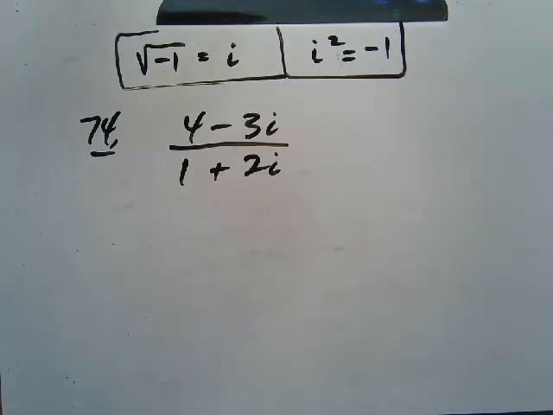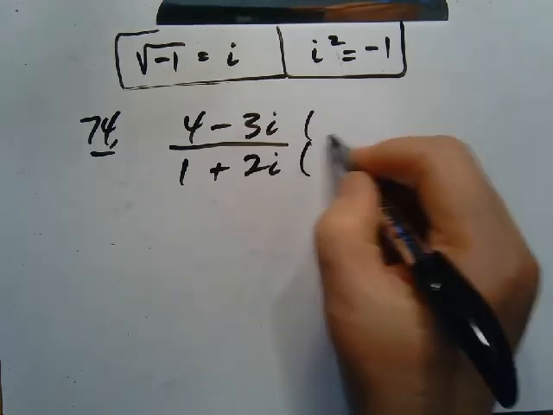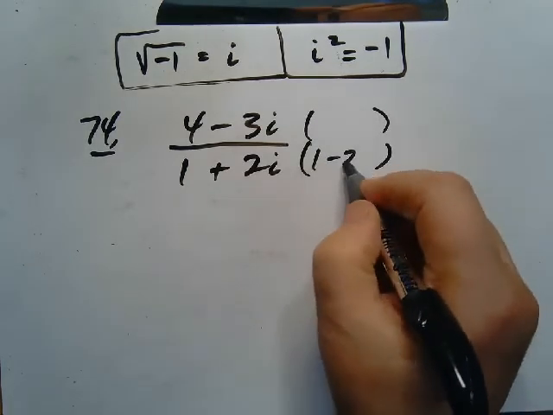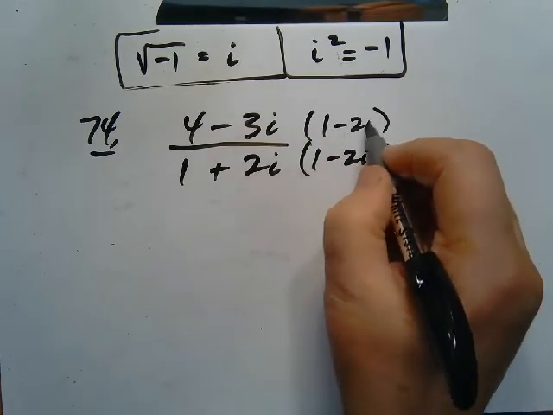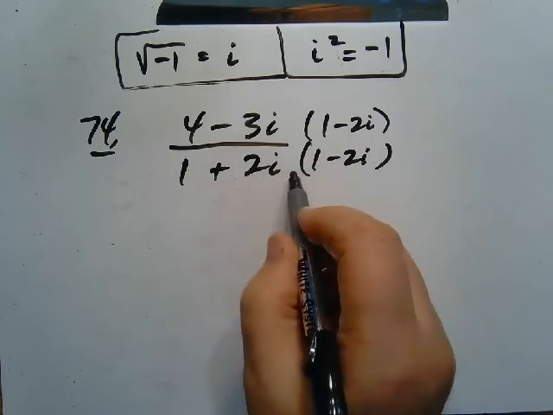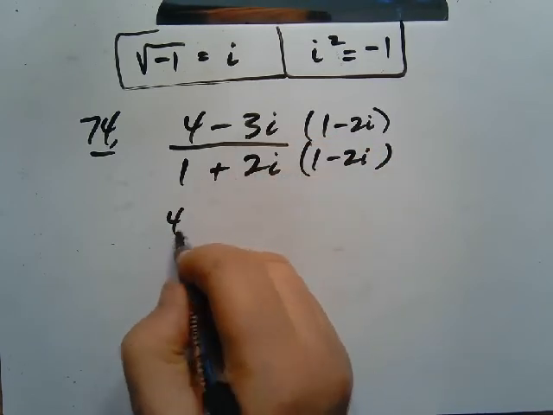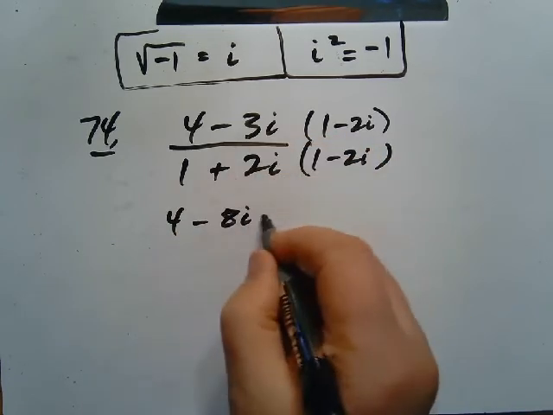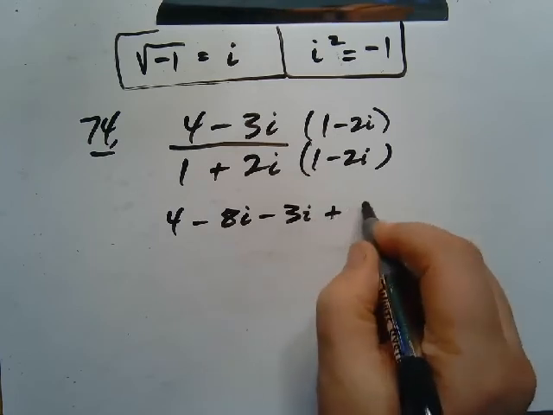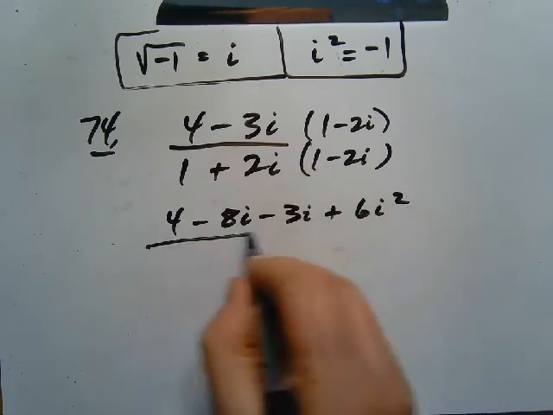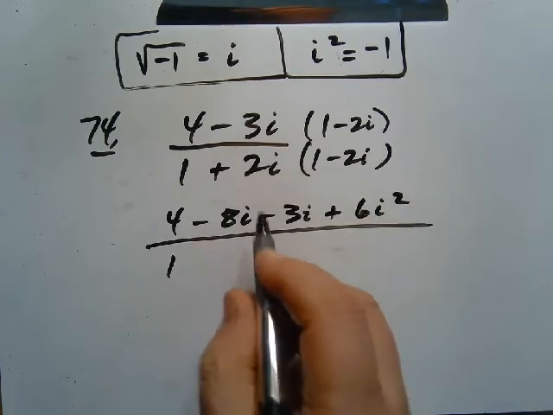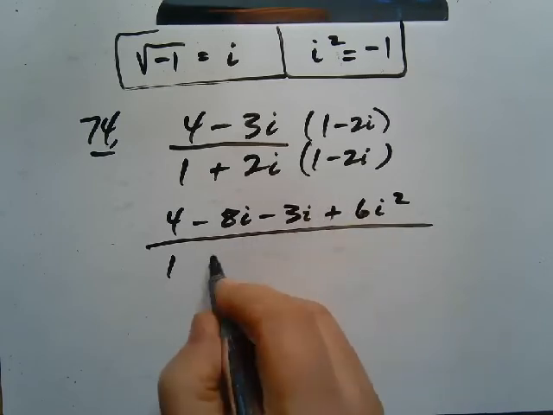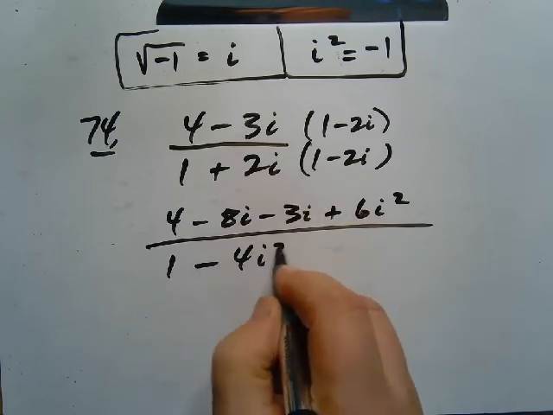All right, let's do this one. Basically the same idea. We're going to multiply top and bottom by the conjugate of this denominator. And I'm going to FOIL both. We get 4 minus 8i minus 3i plus 6i squared all over 1. And the middle terms will go out here. So I get minus 4i squared.